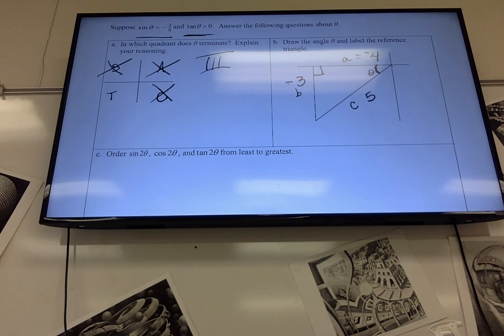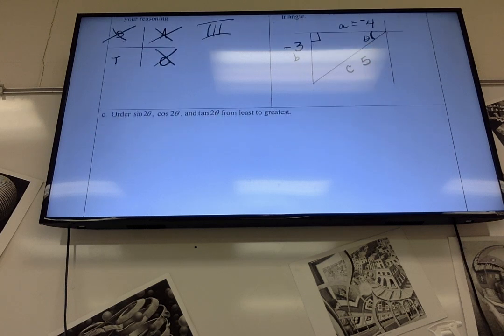And then it says order the sine of 2 theta, the cosine of 2 theta, and the tangent of 2 theta from least to greatest. So that means we got to find all of them. And we use the formulas that we just figured out on the side before. Sine of 2 theta was 2 sine of theta cosine of theta.